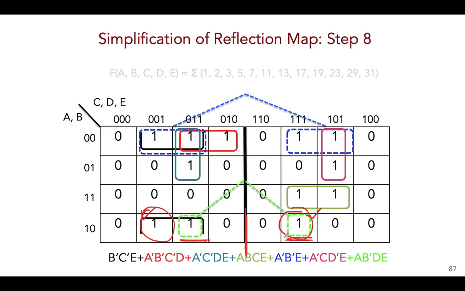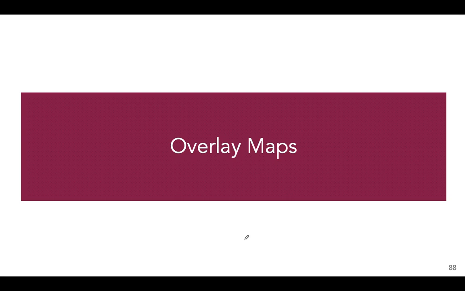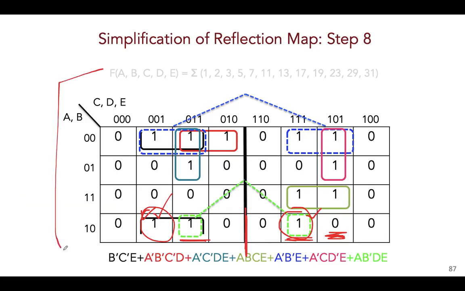All right, and this would have been adjacent to this. If there was a 1 here, then we could have made a group of these 2 ones. All right, so you have to be very careful. Think of this central line as the mirror, and you have to imagine how a mirror works. All right, so this is the final answer. And again, depending on which groups you're forming, your final solution could be different.